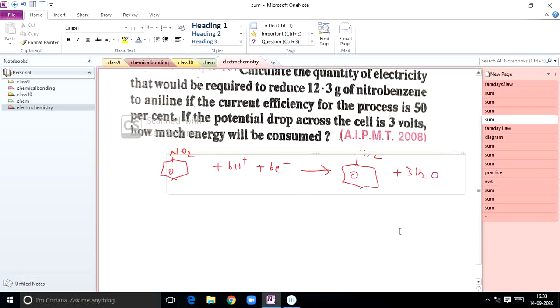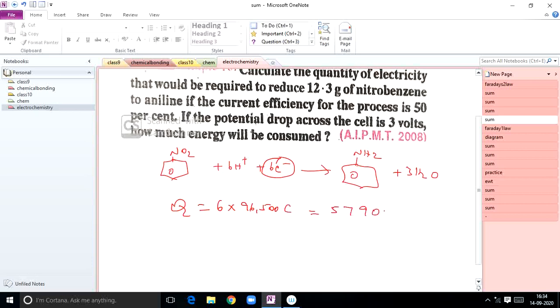So in order to reduce 1 mole of nitrobenzene to aniline, how many electrons are involved here? That means how many Faraday? Quantity Q is equal to 6 into 96,500 coulombs, that is equal to 579000 coulombs.